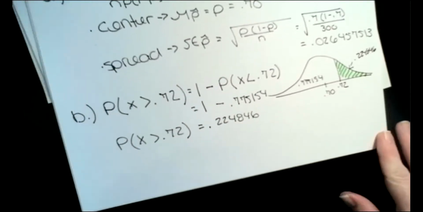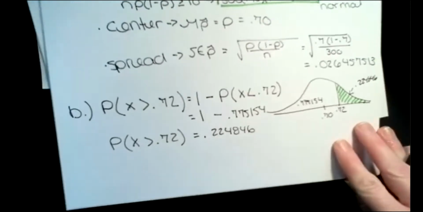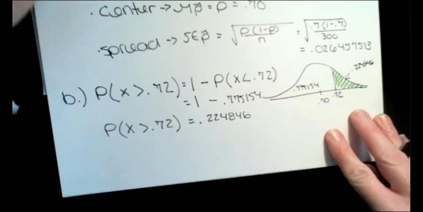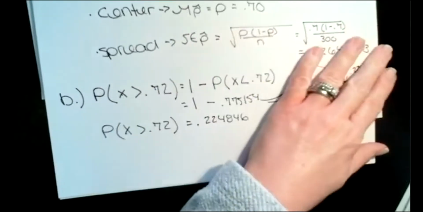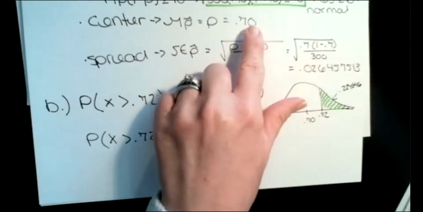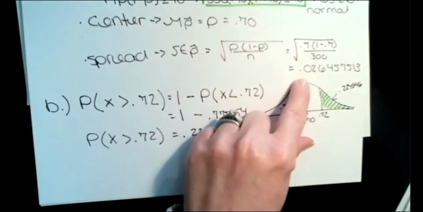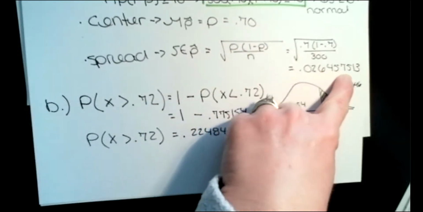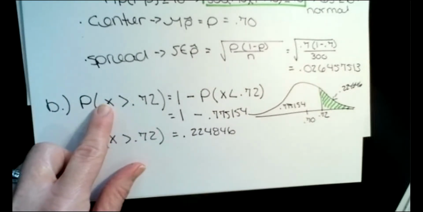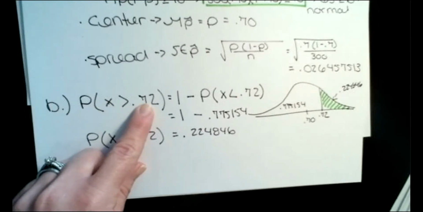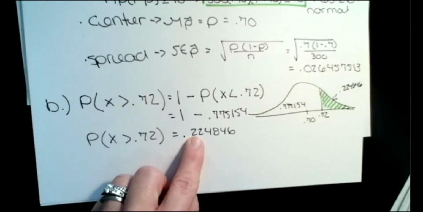So again, I would write it out very similarly to the last example. I would say with a mean of 0.7, or you can say center if you feel more comfortable with that, and that's fine, and a spread of 0.026457513, you could say the probability that more than 72% of the US web searches are Google is 0.224846.